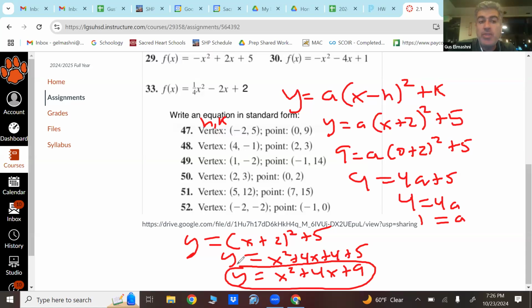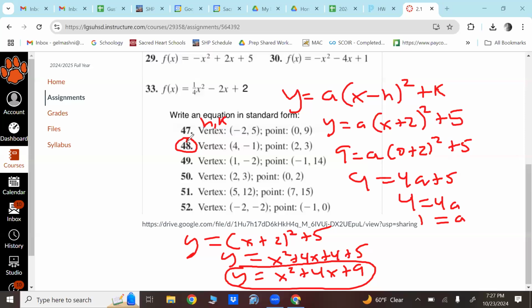So that's how 47 is done. So what I'd like you to do is do the same thing for 48 and tell me what you get when you do 48. Y equals x minus 4 squared minus 1.